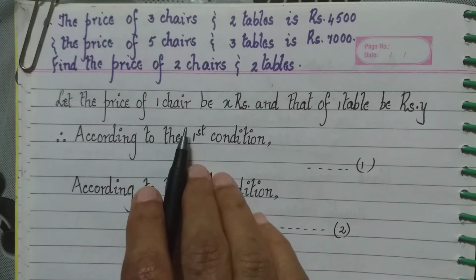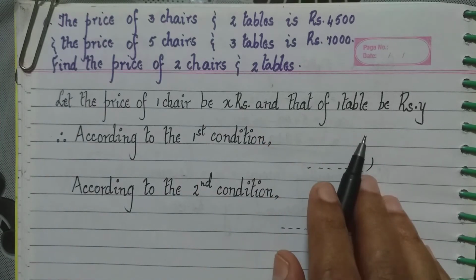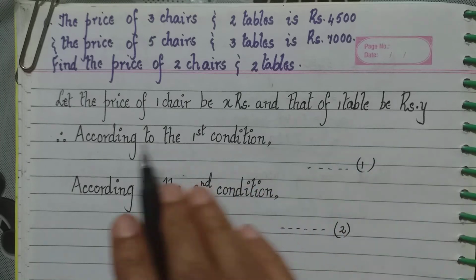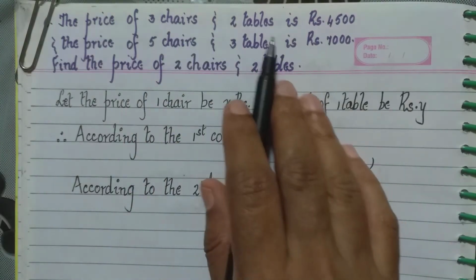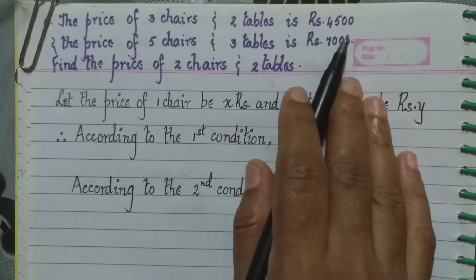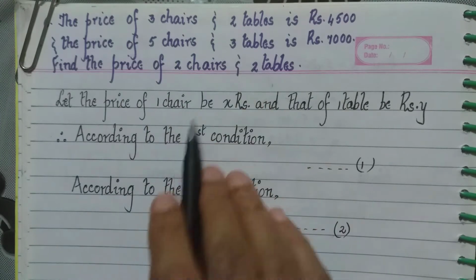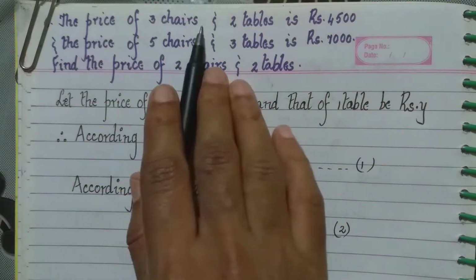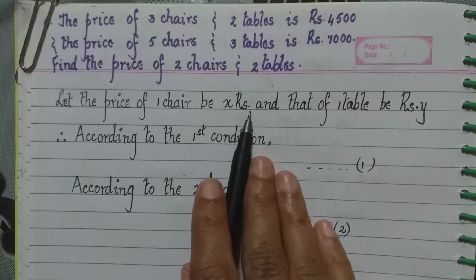So let the price of 1 chair be taken as X rupees and that of 1 table be taken as rupees Y. So according to the first condition, they said 3 chairs and 2 tables cost rupees 4,500. So if the price of 1 chair is taken as rupees X, the price of 3 chairs will be 3 into X, that is 3X.